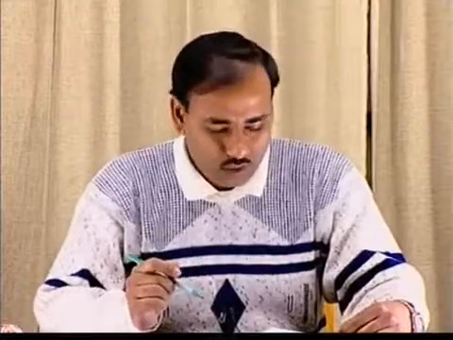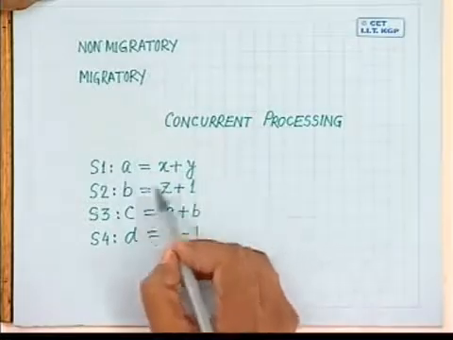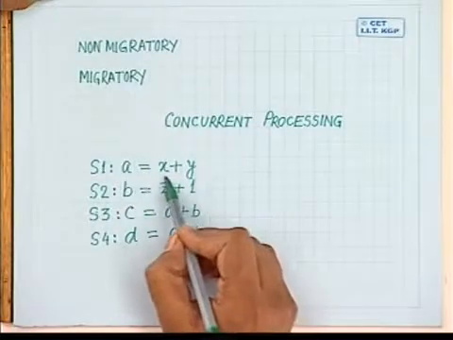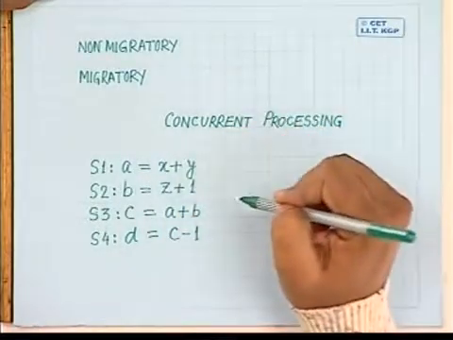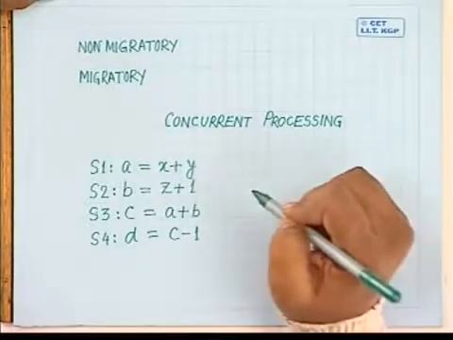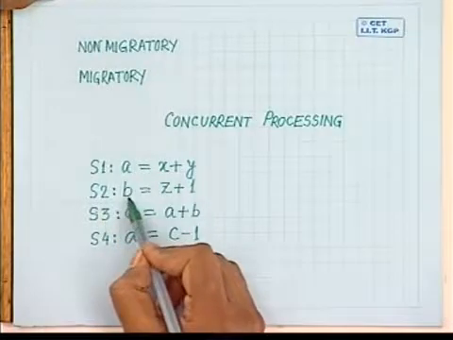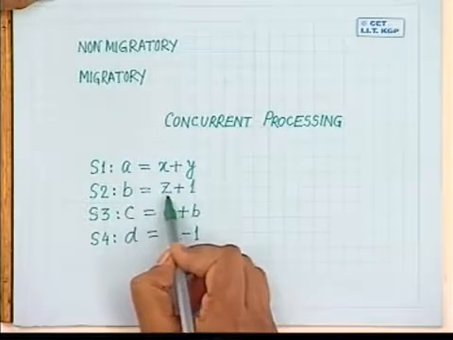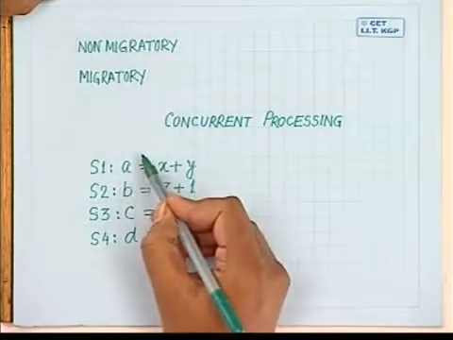Now, if you study all these four statements, S1, S2, S3, and S4, for statement number 1, which is A equal to X plus Y, this X plus Y does not depend upon any previous statement. That means X and Y are not generated by any previous statement. Similarly, statement S2 says B equal to Z plus 1; here the variable used is Z, and Z is not computed in S1.